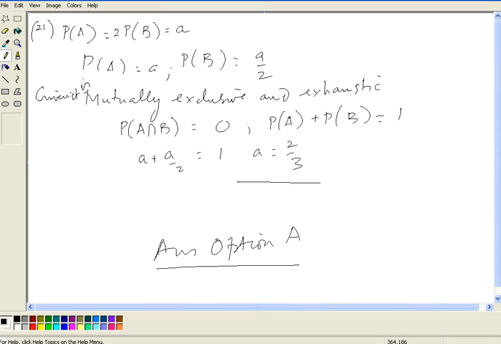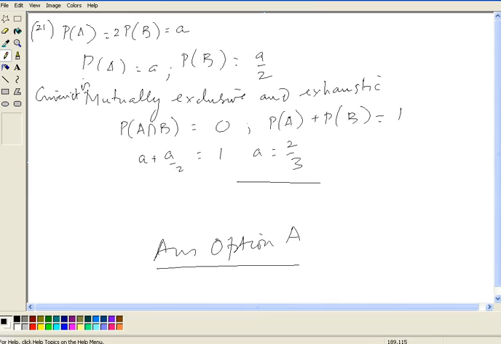Since it is given as mutually exclusive and exhaustive, we have that P of A intersection B is 0 and P of A plus P of B equal to 1. Replace P of A by a and P of B by a by 2. We get a plus a by 2 equal to 1, or a equal to 2 by 3.